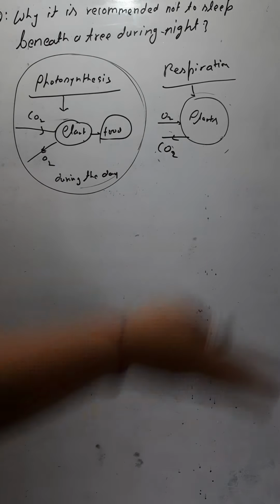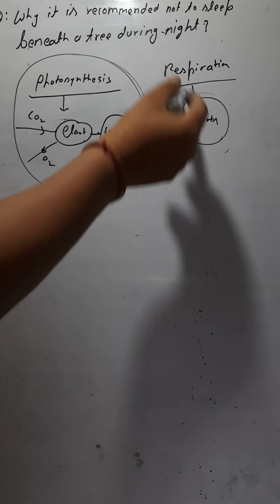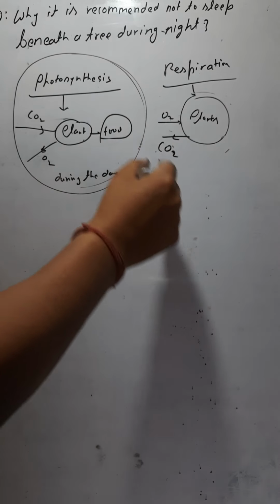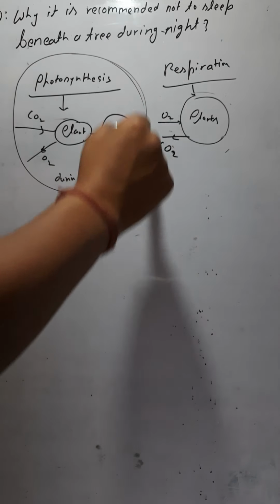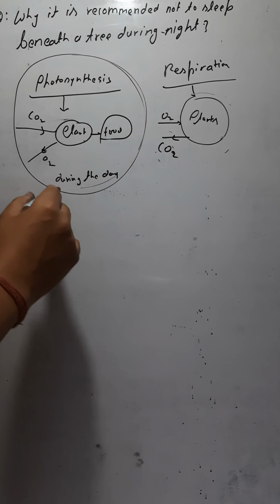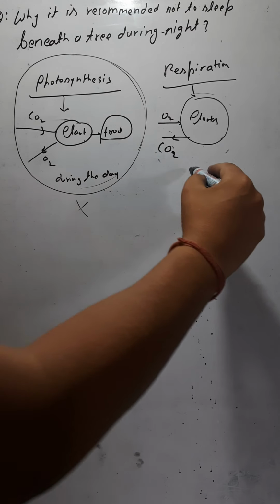So plants are also respiring. This is a continuous process. It takes place during the day as well as during the night, but photosynthesis would take place only during the day.